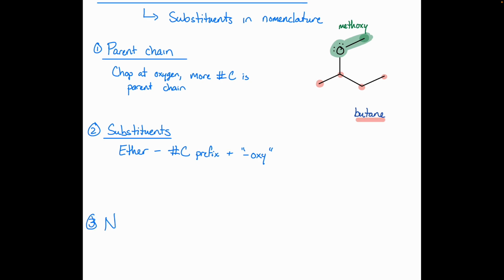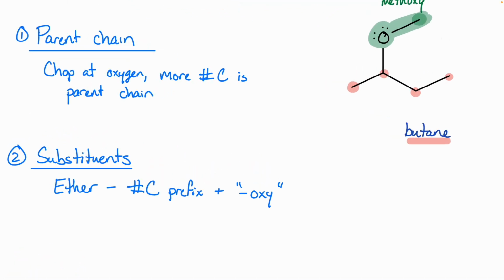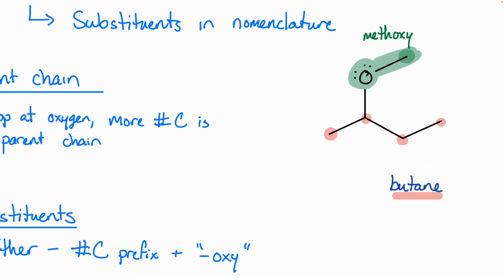All right, and then we're going to number and assemble our name just like we always do. So I got to tell where on my parent chain that methoxy group is. So I'm going to go 1, 2, 3, 4. I see it's at locant 2, so this would be 2-methoxybutane.